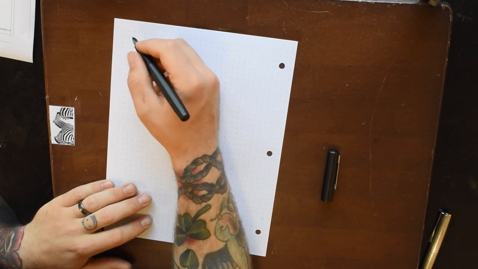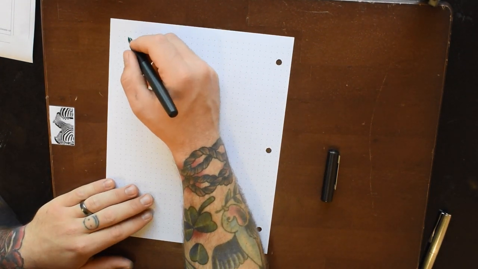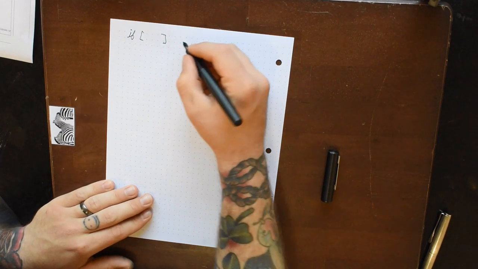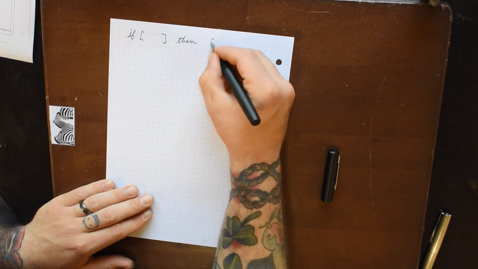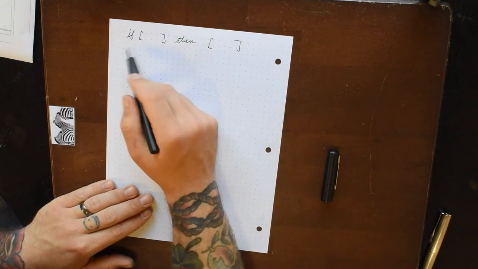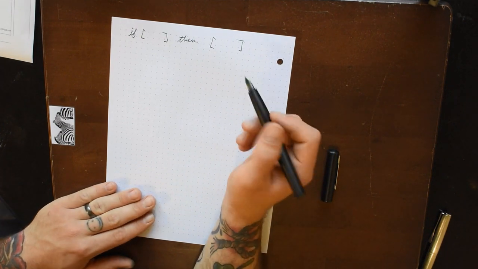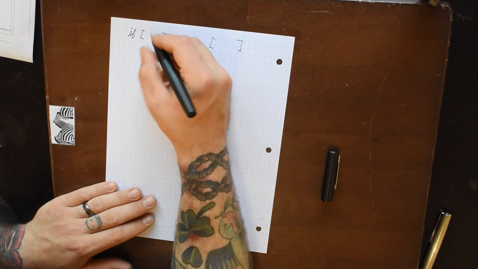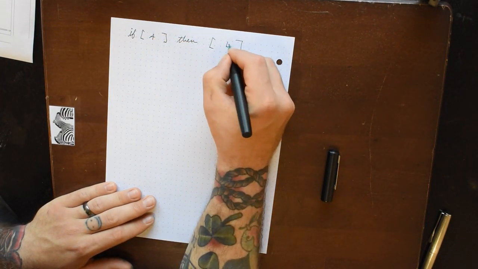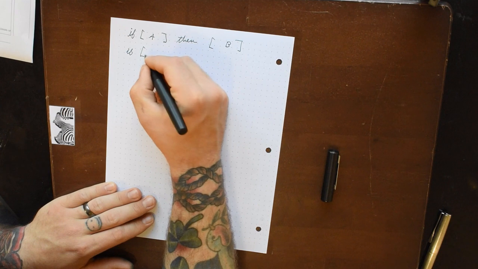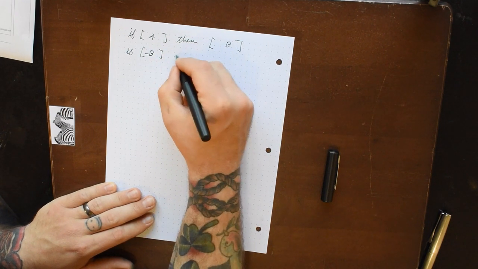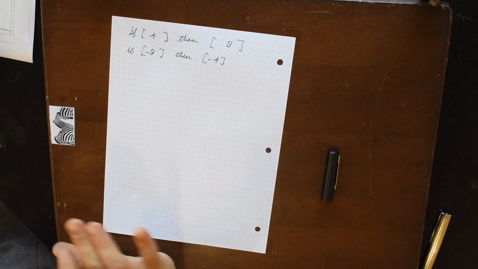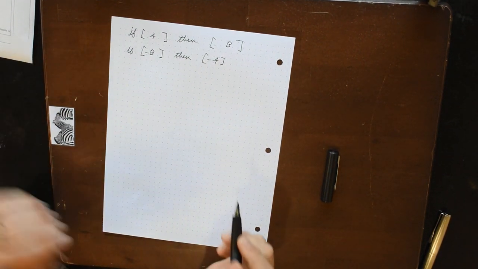So what is a contrapositive? Theorems are logical statements of the form if blank, then blank. If something happens, then something happens. What the contrapositive says, and I'm going to call this A, and I'm going to call this B: if not B, then not A. So these things are logically equivalent.